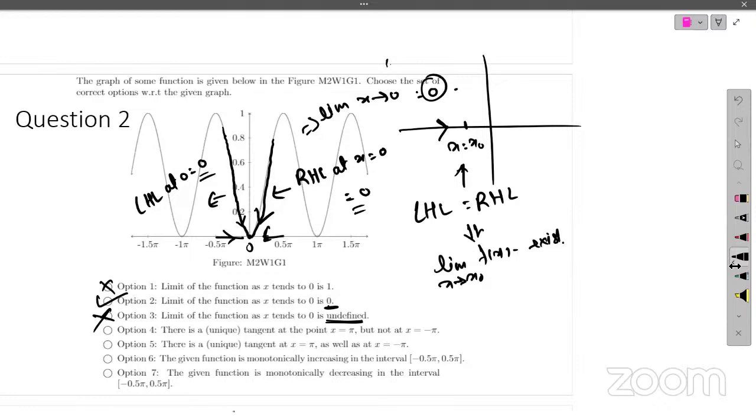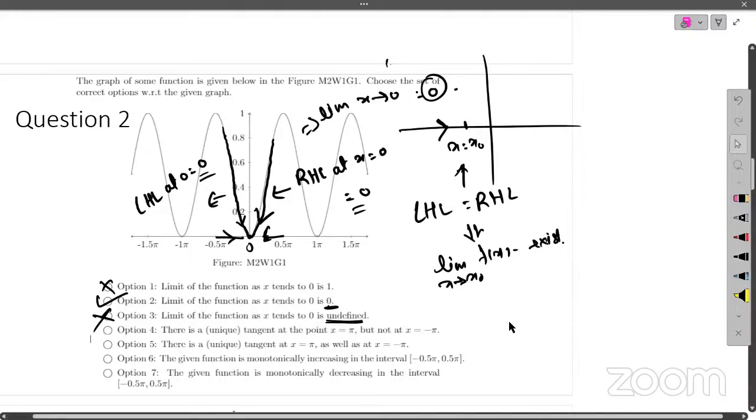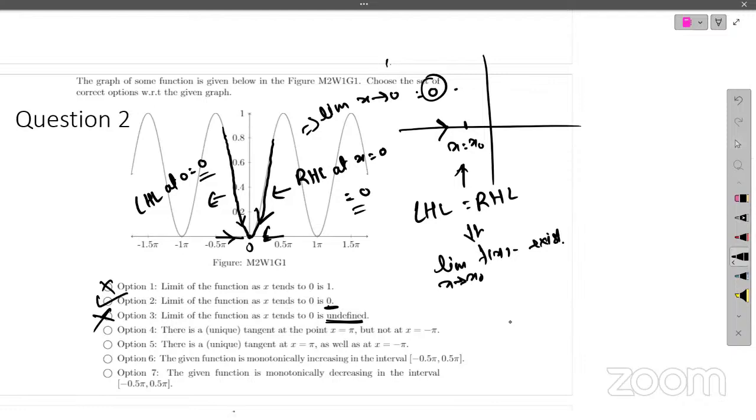The fourth option says that there is a unique tangent at the point x equals pi, but not at the point x equals minus pi. A tangent is roughly a line which touches a graph exactly at one point. If you observe the points, this is x equals minus pi, and this is x equals pi.